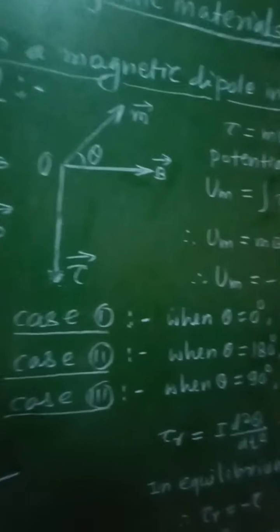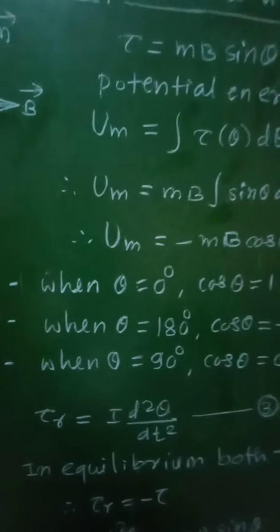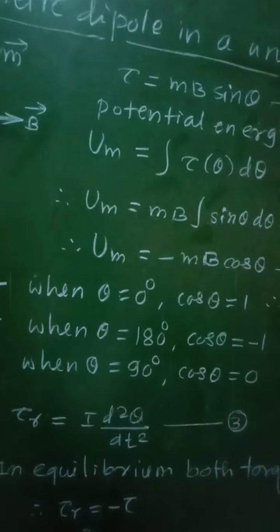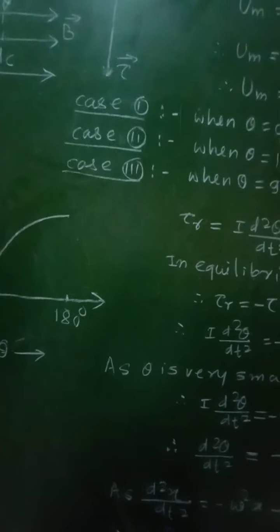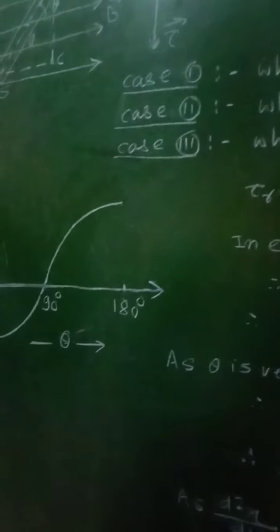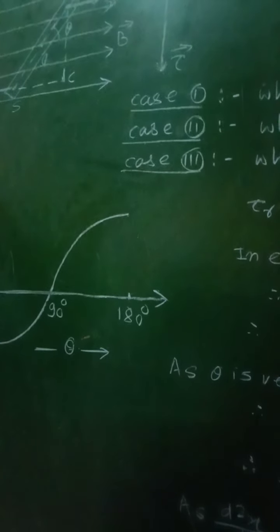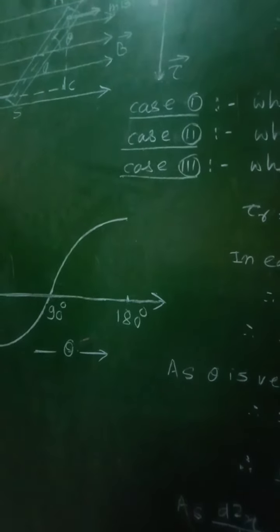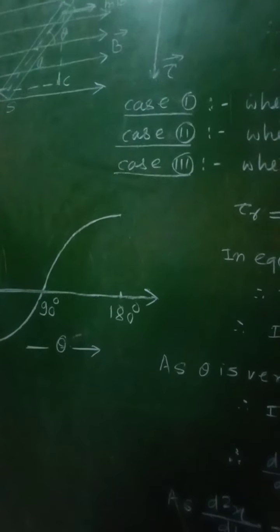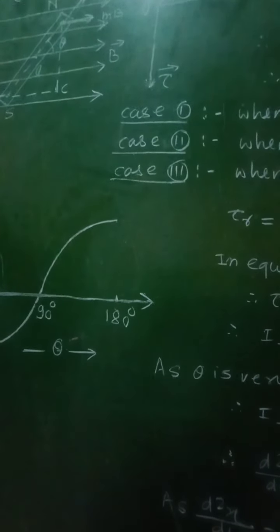So this was regarding the magnetic potential energy. From this graph it is clear that the magnet rotates through some angle and then becomes stationary. Now this happens because of the restoring torque.